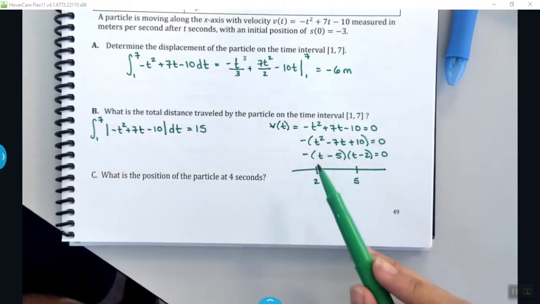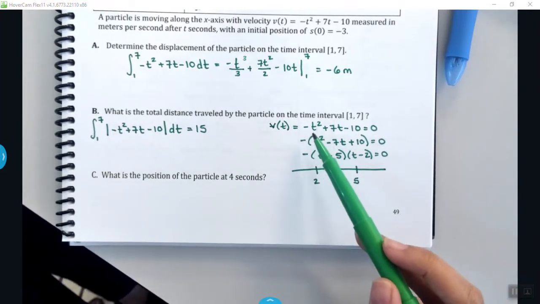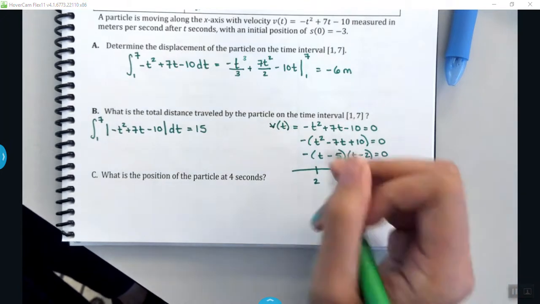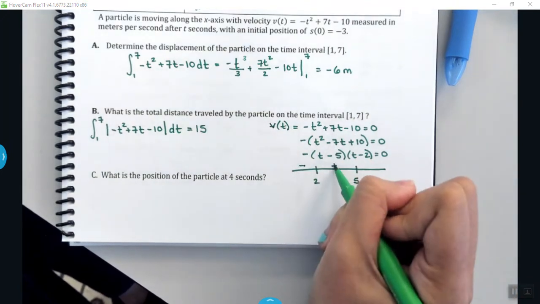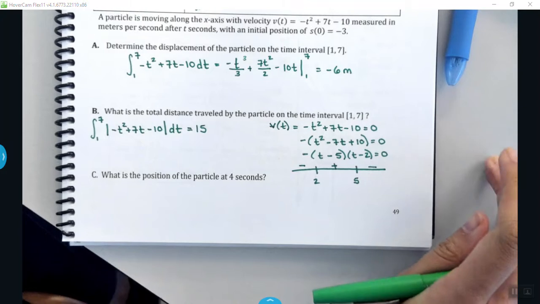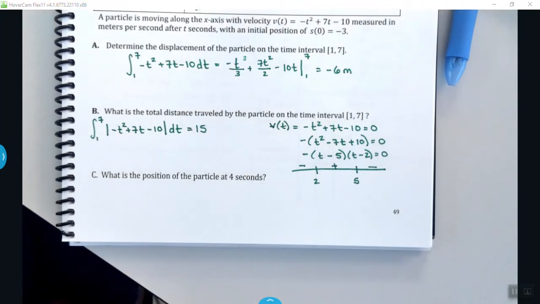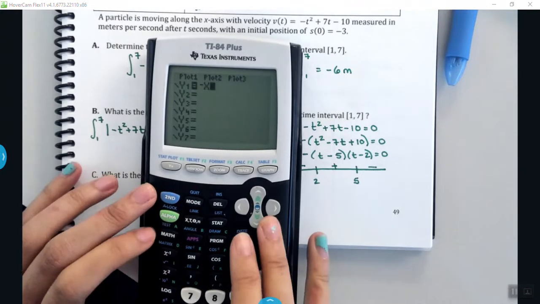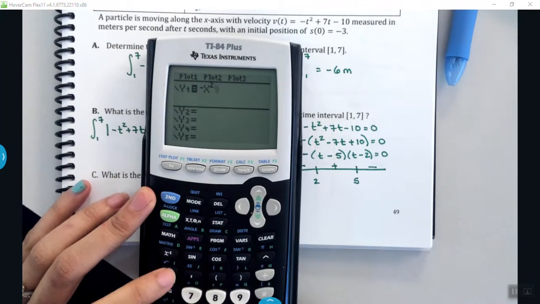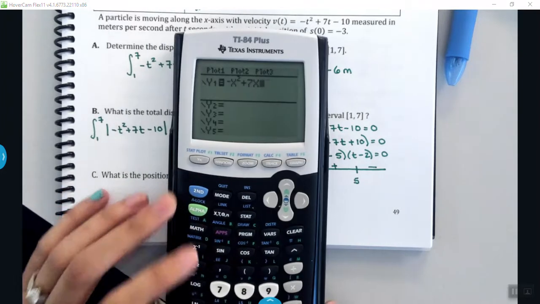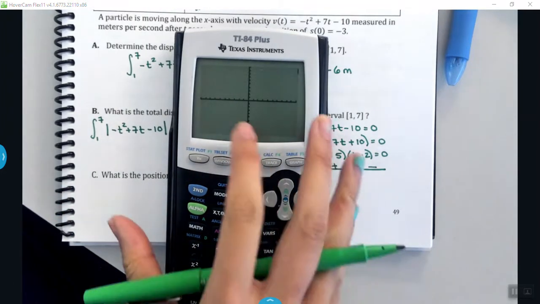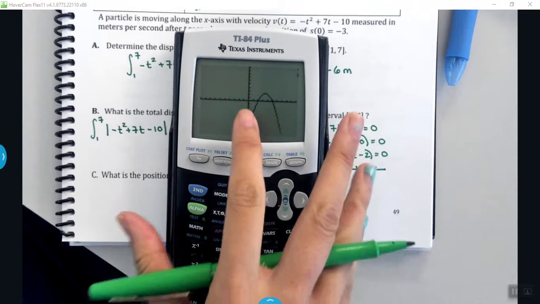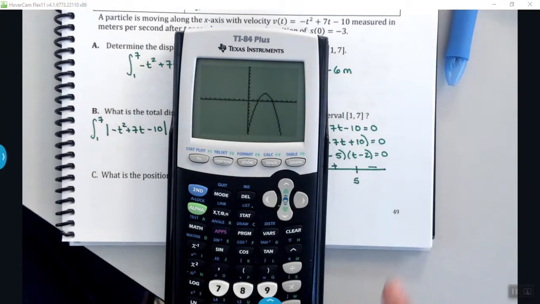And then you can test values, but I know that it's a negative quadratic, and negative quadratics go negative, positive, negative. Easy. If you look at it on your calculator, negative x squared plus 7x minus 10 goes negative, positive, negative at 2 and 5.